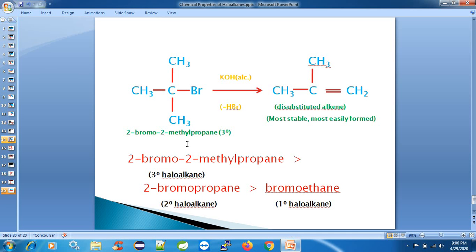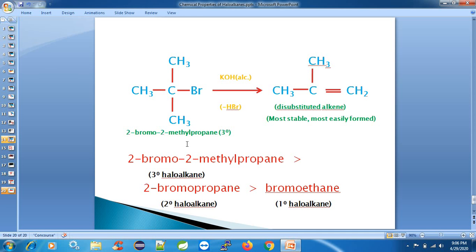So you see here 2-bromo-2-methylpropane is producing the alkene at a faster rate in comparison to 2-bromopropane, and 2-bromopropane is producing alkene at a faster rate in comparison to bromoethane. Here 2-bromo-2-methylpropane is a tertiary alkyl halide, 2-bromopropane a secondary alkyl halide, and bromoethane a primary alkyl halide.